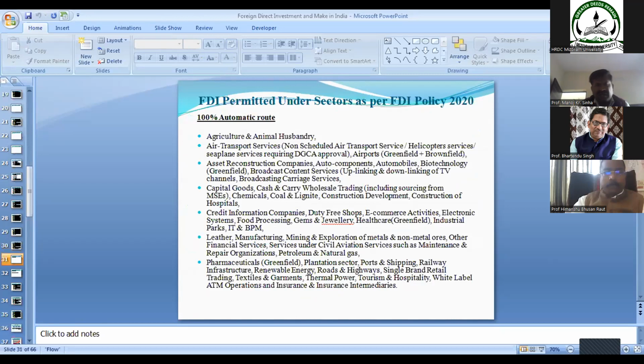And these are the sectors under the 100% FDI automatic route, as mentioned in FDI policy 2020. These are the sectors in which the foreign investor can invest under the automatic route, some not up to 100% allowed.